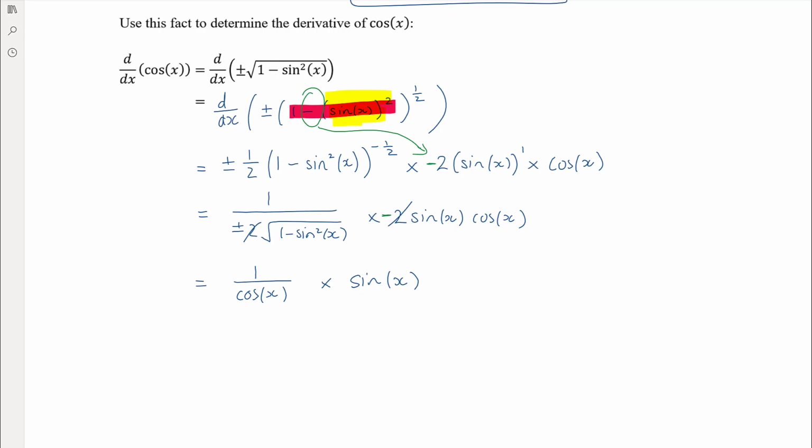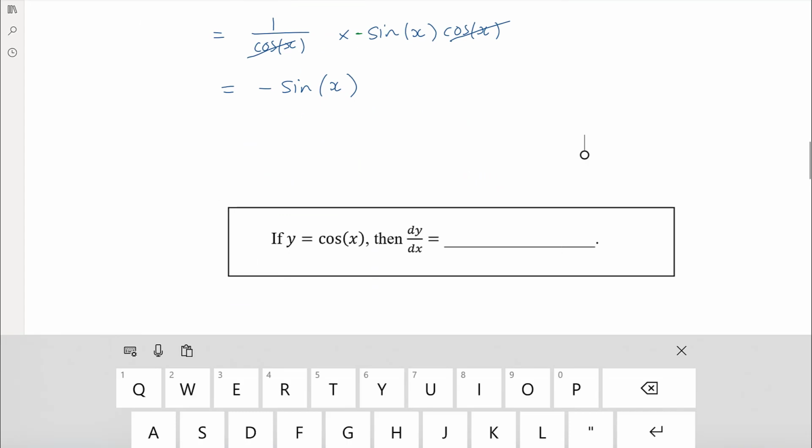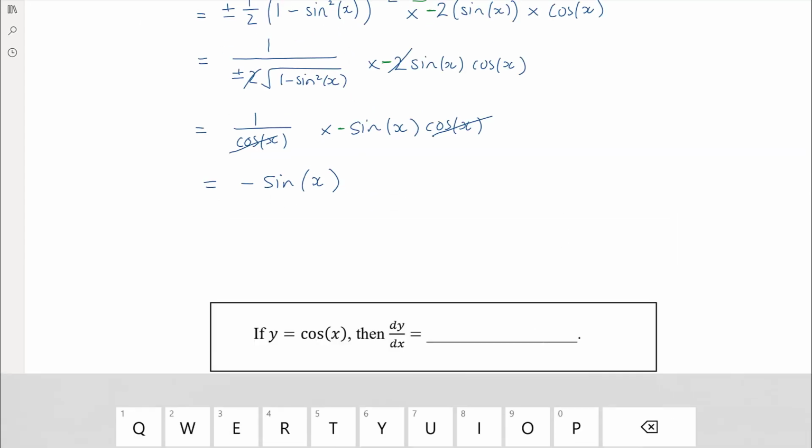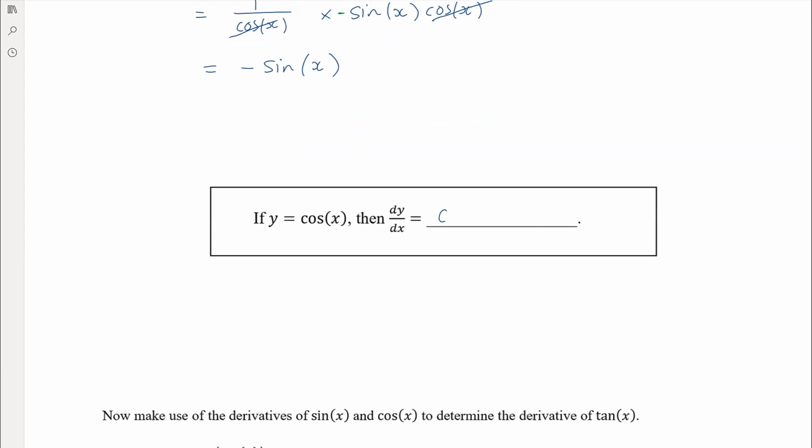So this is still negative, sine x cos x. Alright, so our coses are going to cancel out, and we just have negative sine x. So the derivative of cos x is indeed negative sine x. So if y equals cos x, dy dx is negative sine of x.